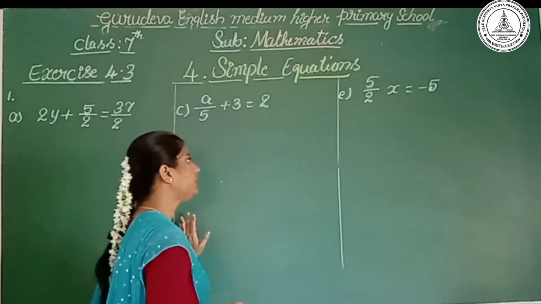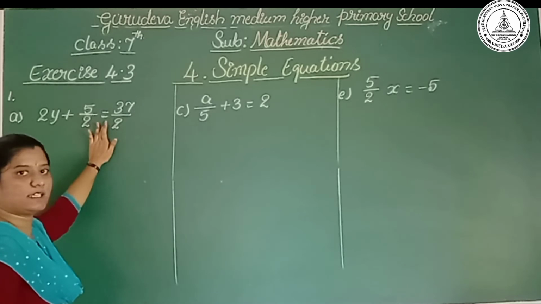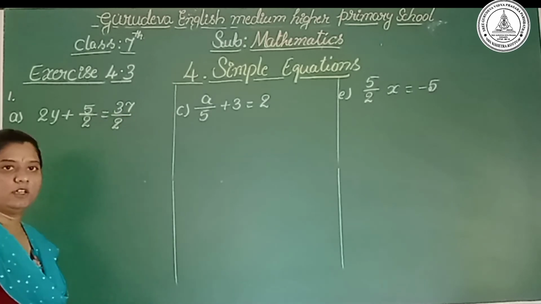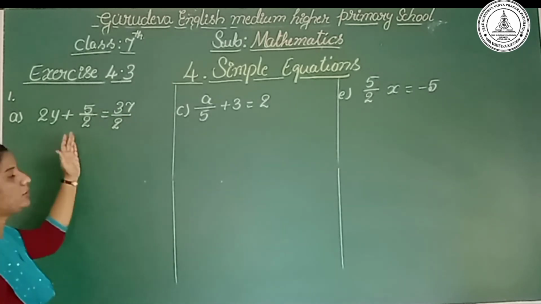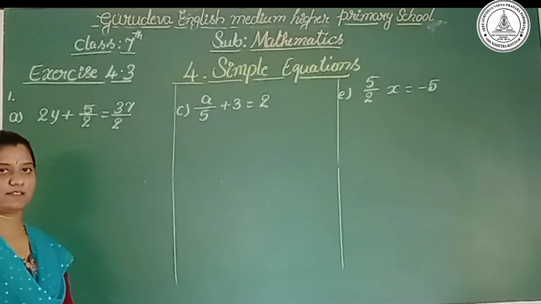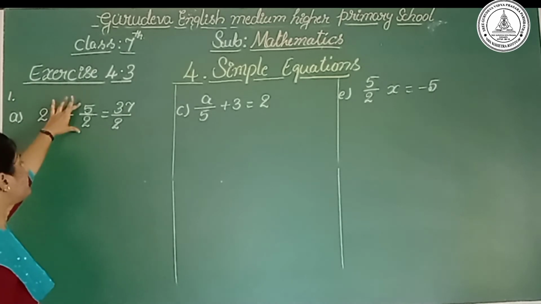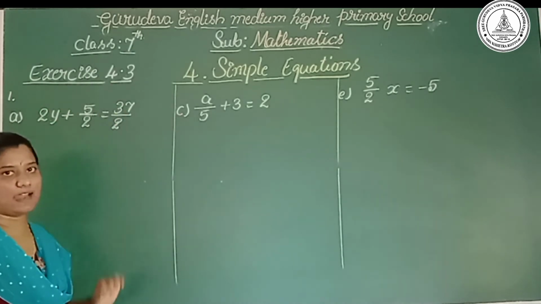You may observe here 2y plus 5 by 2 equals 37 by 2. You may use the transposing method or the separating the variable method also. First I will transpose 5 by 2 to the right hand side.